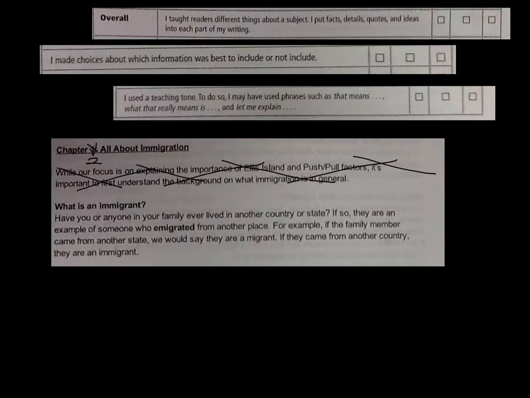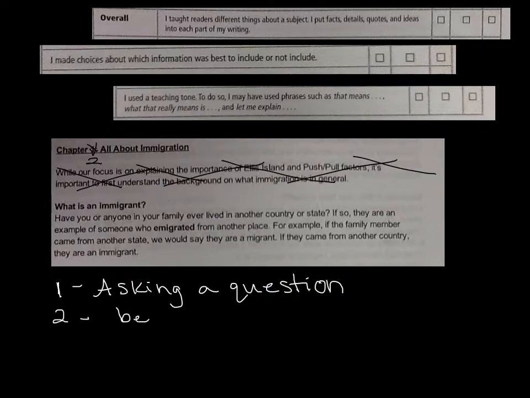So far, we know that this paragraph is good because it introduces the topic by asking a question. Each of our topics or each of our paragraphs does need to start just like a regular introduction by telling an interesting fact, asking a question, or telling a quick story. We also know this is a good paragraph because it has between 4 to 6 sentences.